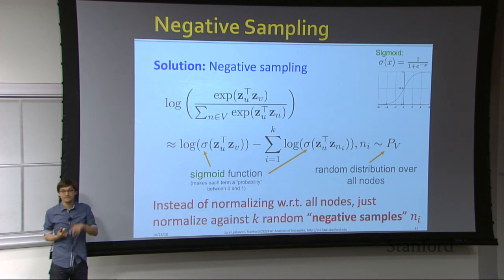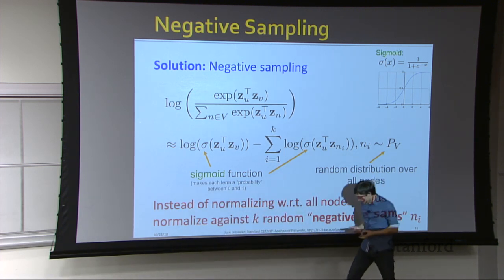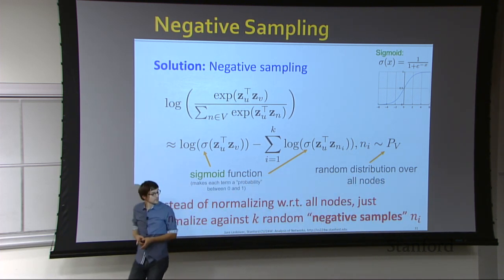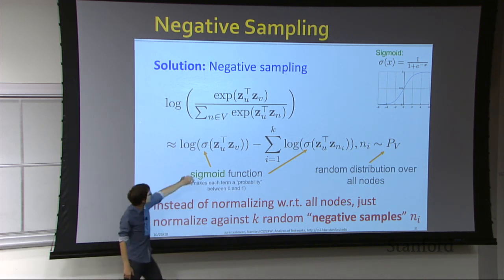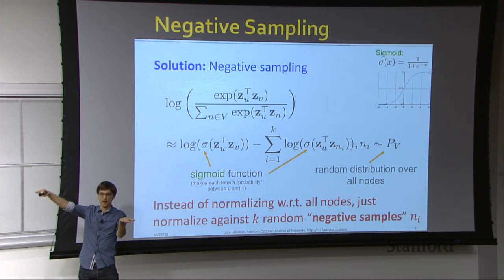Yes? Why is it valid to replace the exponent with the sigmoid? Can you explain that again? Why do I want to do this replacement with sigmoid? What is nice about the sigmoid is that it takes any real value and squishes it between 0 and 1.